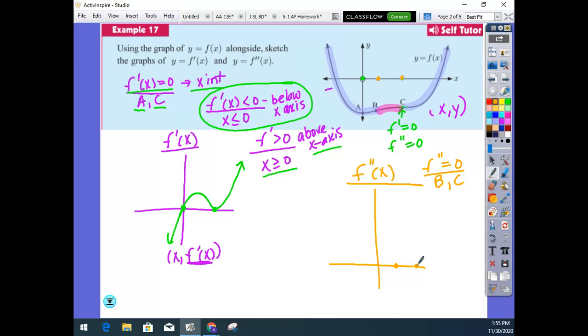So that happens at B and C. Now, concave up, f double prime is greater than 0 before point A and after point C. And then it's concave down, f double prime is less than 0 between B and C. So less than 0 on a graph means below the x-axis. Greater than 0 is above the x-axis. So it kind of looks like that.